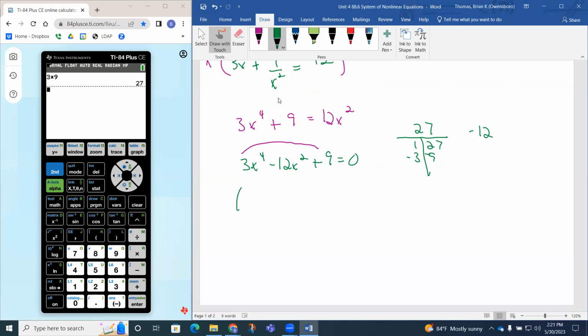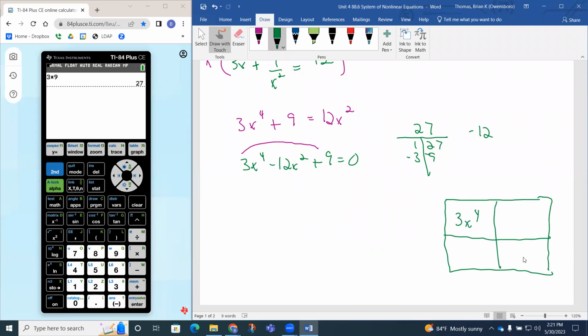It's easier to do this in a 4 square pattern. Let me do it that way. It's easier to draw this up in a box, because this looks factorable. Remember, to factor this, the quadratic term, 3x to the fourth, goes here. The constant, the 9, goes over here.